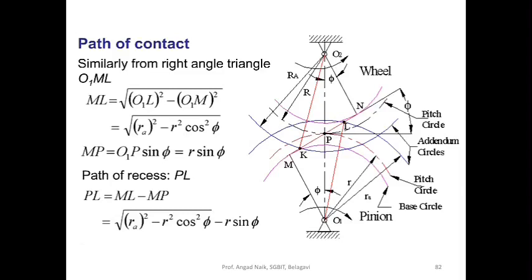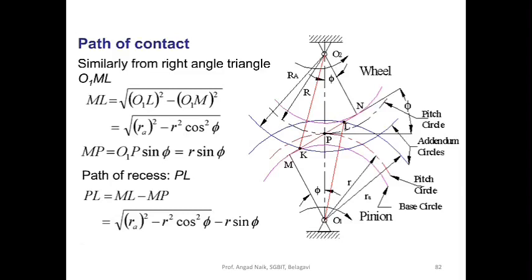O1M can be written as r cos phi. So O1M whole square is written as r square cos square phi. So ML is O1P sin phi. O1P is nothing but the radius r, so it becomes r sin phi.